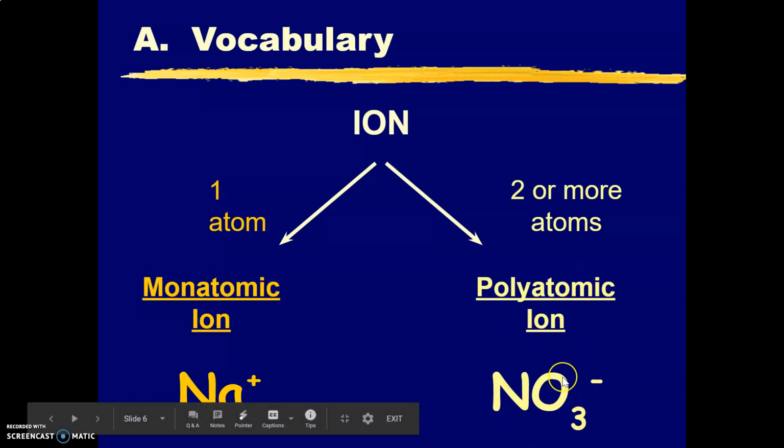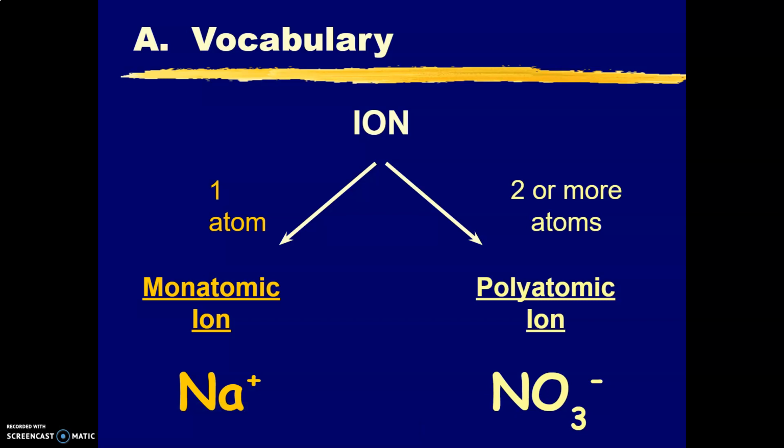Nitrate has nitrogen and oxygen combined together, and this whole thing has an overall charge that is negative, a -1. We know that this is a +1 because there's no number there, and we assume that it is 1. Same thing here. This is a -1. This 3 has nothing to do with the charge. Do not get confused. This 3 tells us that there are 3 oxygens.